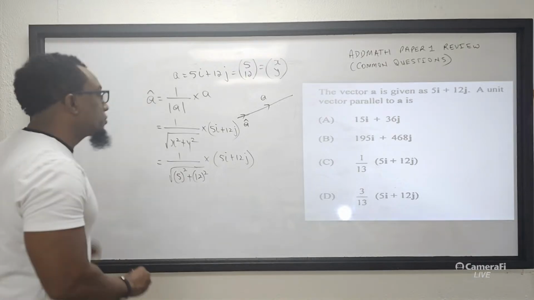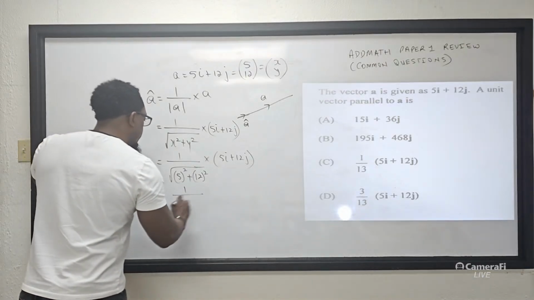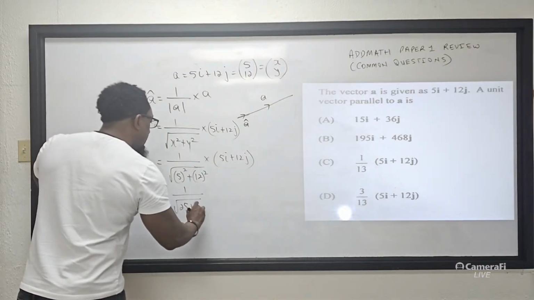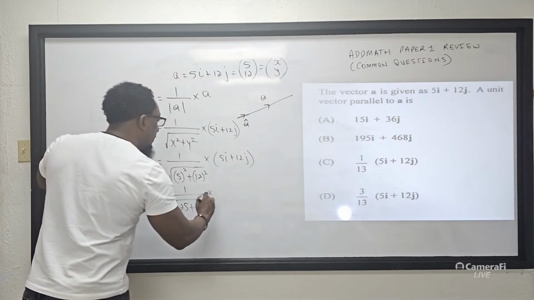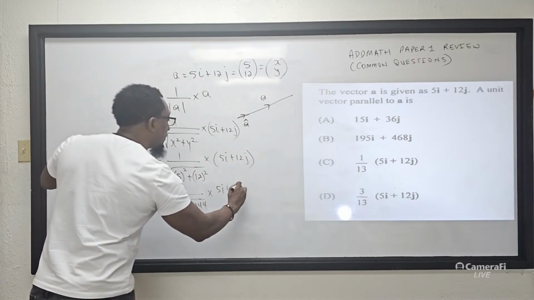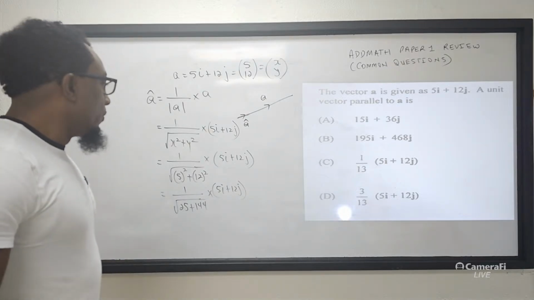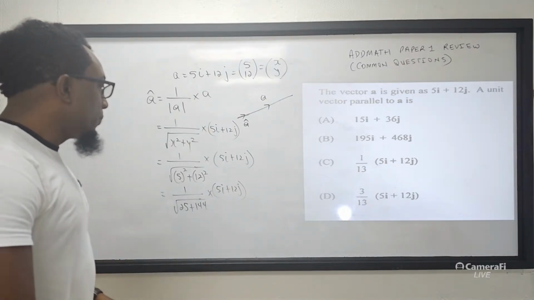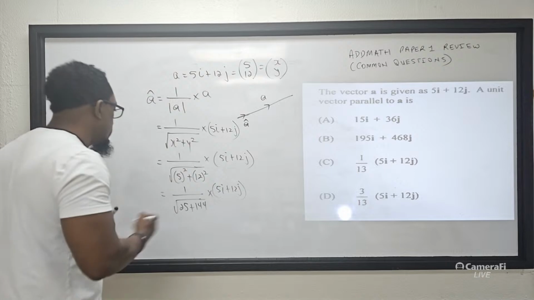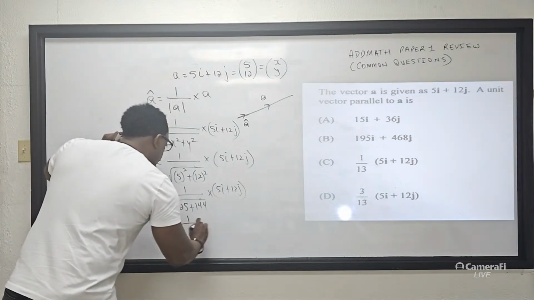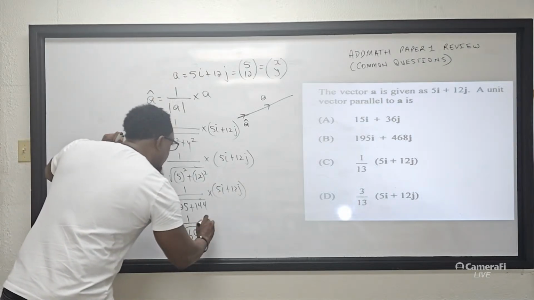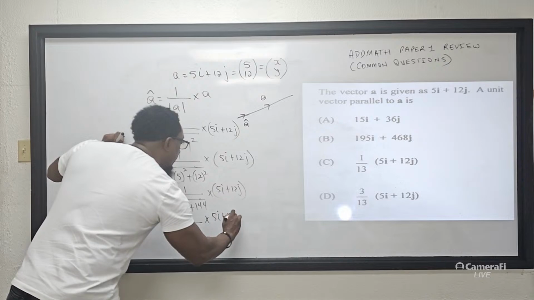So this becomes 1 all over the square root of 25 plus 144 times 5i plus 12j. This is 1 all over the square root of 169 times 5i plus 12j.